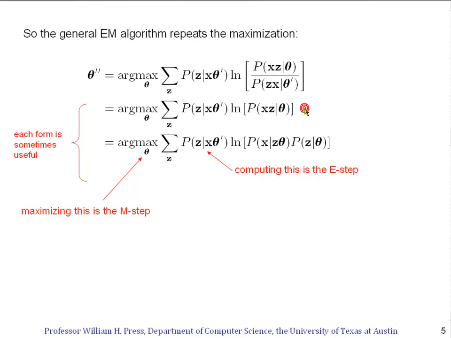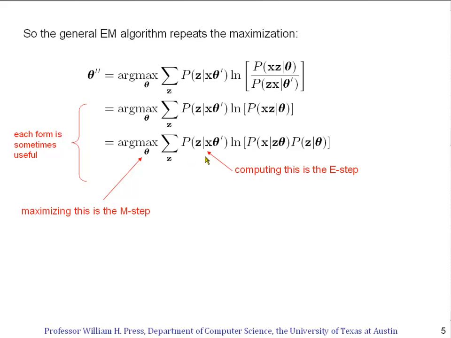Now another rewriting of this is sometimes useful in its own right, but another useful rewriting is simply to use the law of conditional probabilities and write this out as being the probability of x given z in theta times the probability of z given theta. Now let's stand back and look at this, because now we can finally see why the EM algorithm is called the EM algorithm.